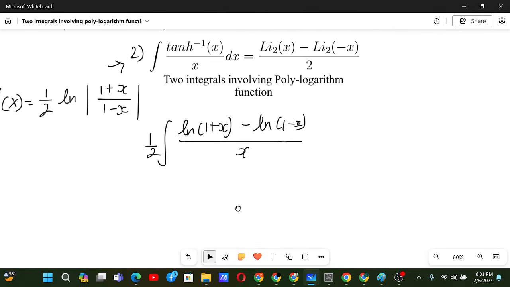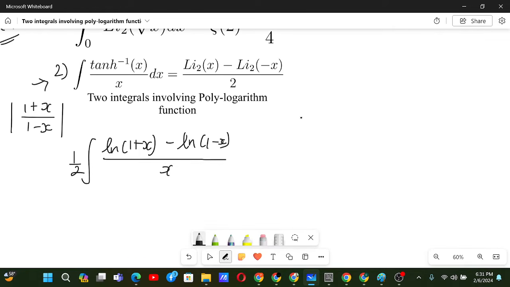Now, we also know that Li2 of x is actually the integral from 0 to x of minus ln(1-x) by x dx.